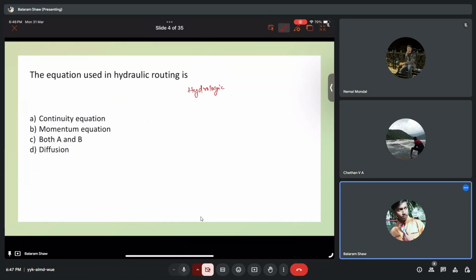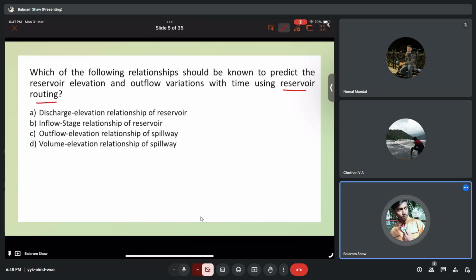Okay, so the next question is: which of the following relationships should be known to predict the reservoir elevation and outflow variations with time using reservoir routing? We just now saw what we need for reservoir routing.